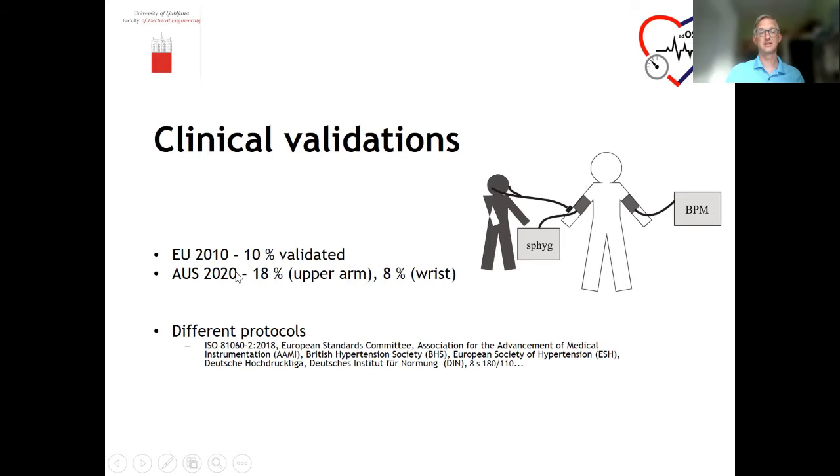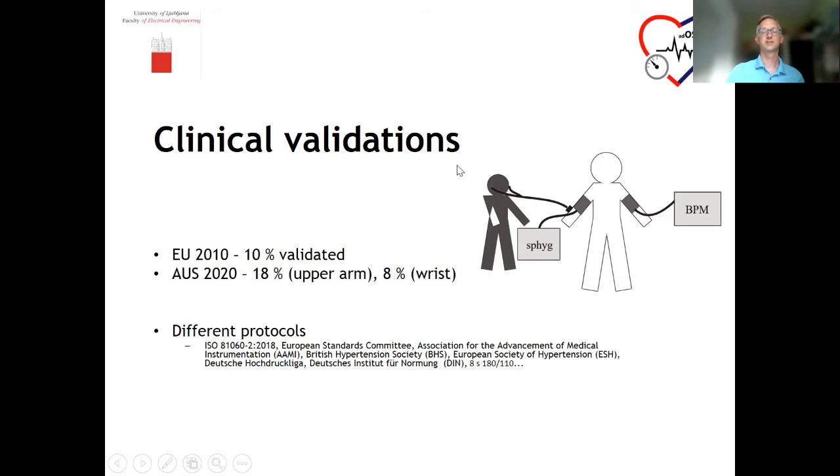After 10 years, here are numbers from an Australian study from 2020, and they found out that only 80% of upper arm devices were validated, meaning that the vast majority of devices we can find around ourselves in our everyday life are not even checked by medical staff.